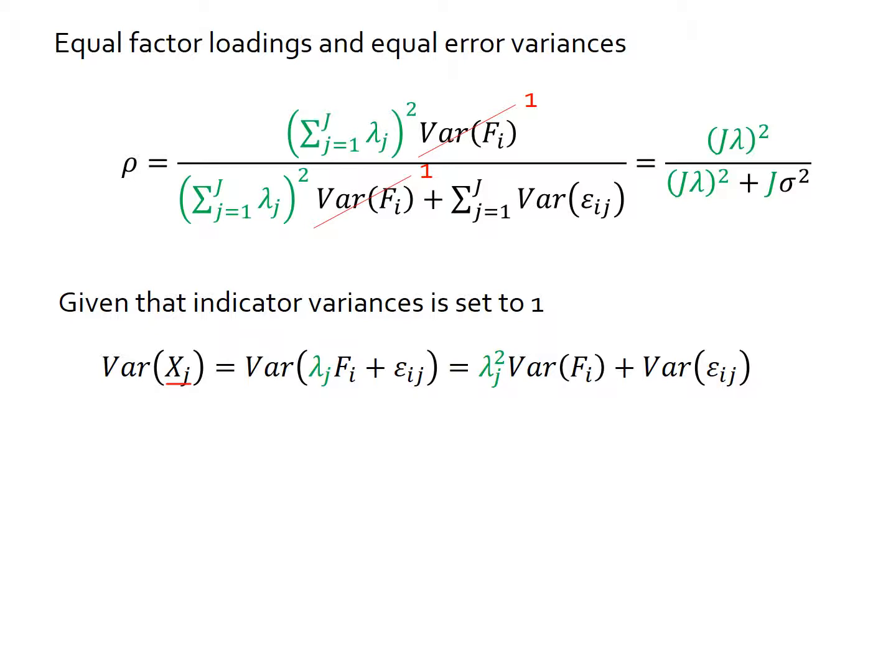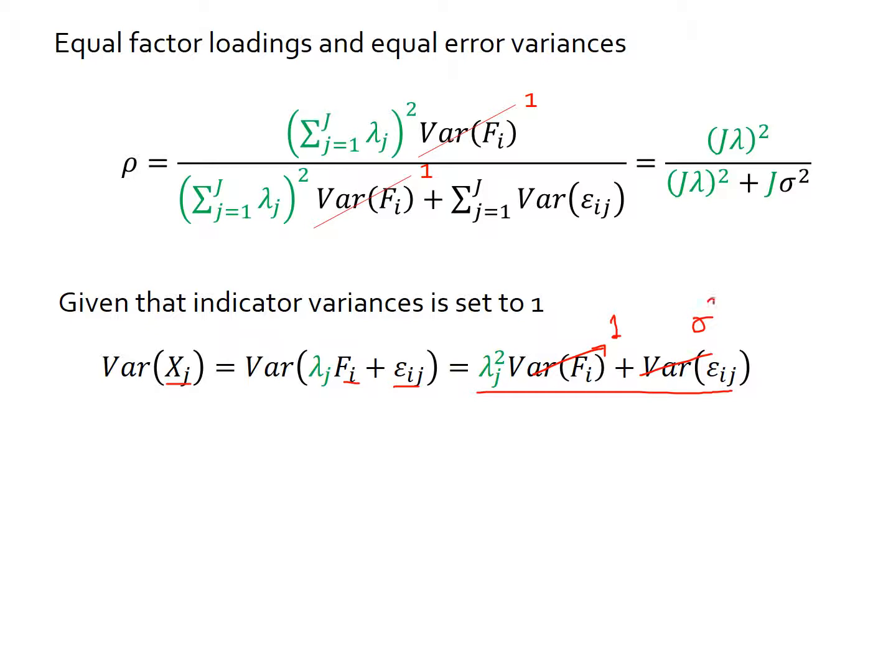Okay, let me delete the ink. Given that indicator variance is set to 1, x sub j is lambda j factor f sub i plus the epsilon, right? Because f and the epsilon are independent, we get this formula: lambda square times the variance of f sub i plus the variance of the error term of x.